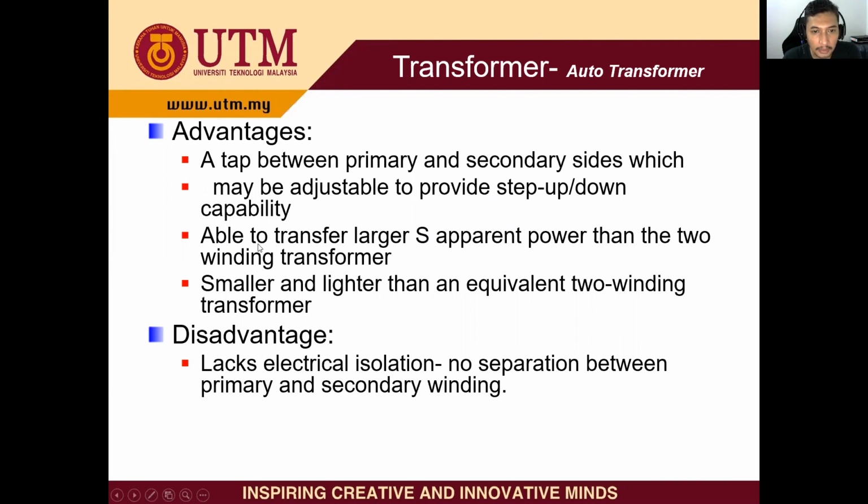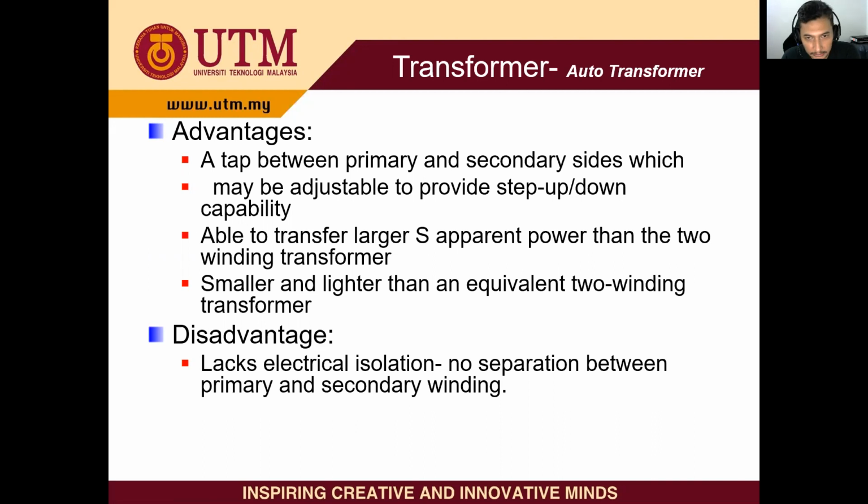Another advantage is that this auto transformer is able to transfer larger apparent power than the two winding transformer, and it is smaller and lighter than an equivalent two winding transformer.